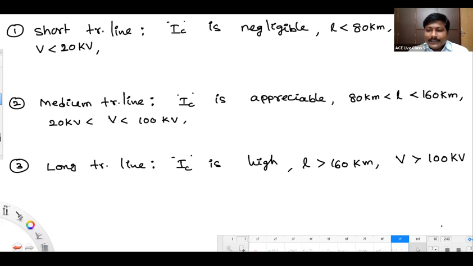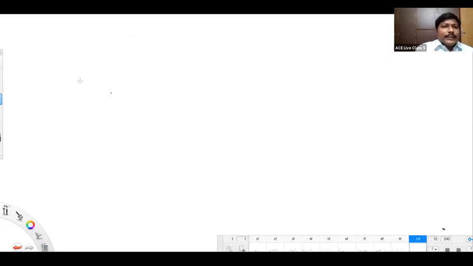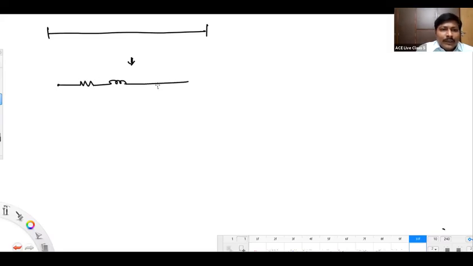So let's see the next slide. You see, we have one transmission line like this. That line we are modeling with some series elements of R and L and with a shunt element of capacitor like this.